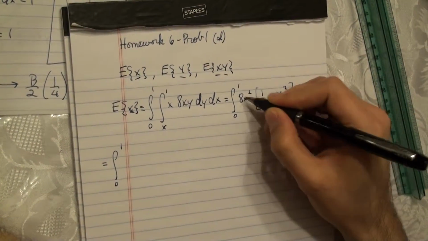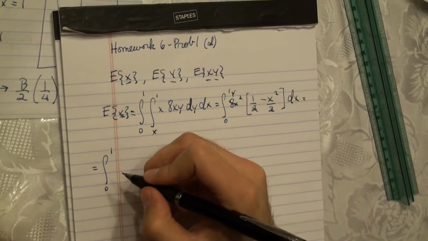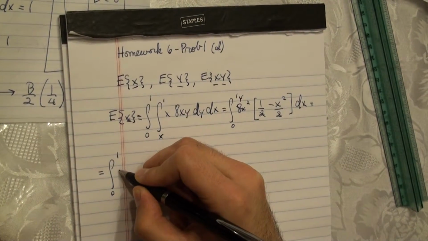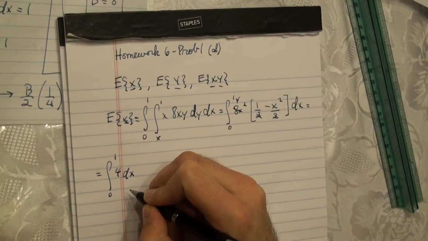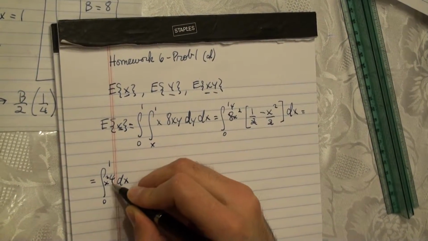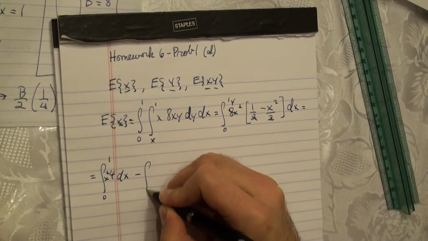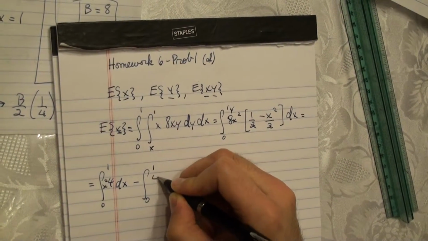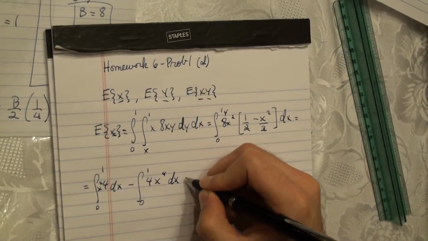Let's do this, sorry. We take out the 2's, make this a 4. So we're going to have the integral of 4x squared minus the integral from 0 to 1 of 4x to the 4th dx.